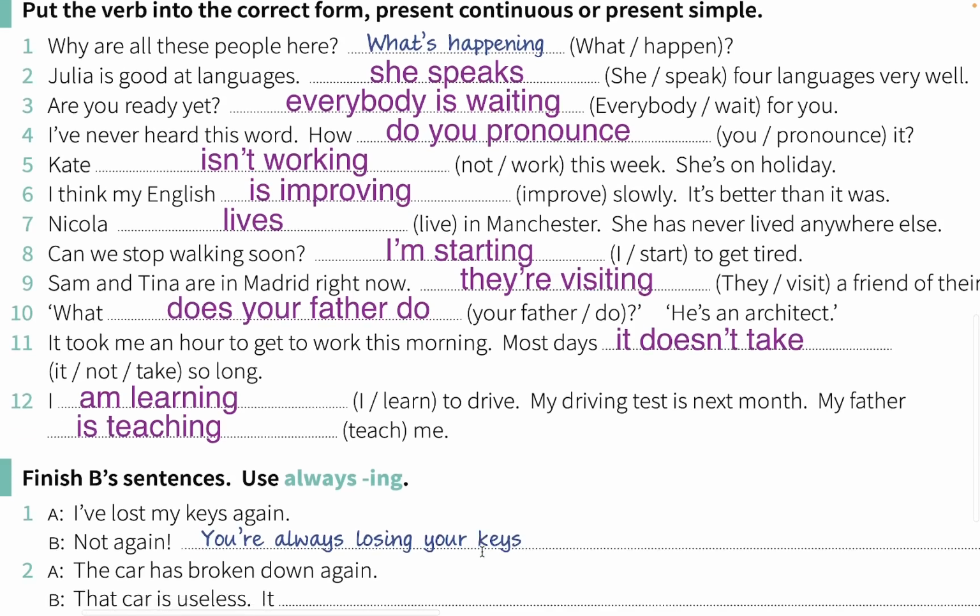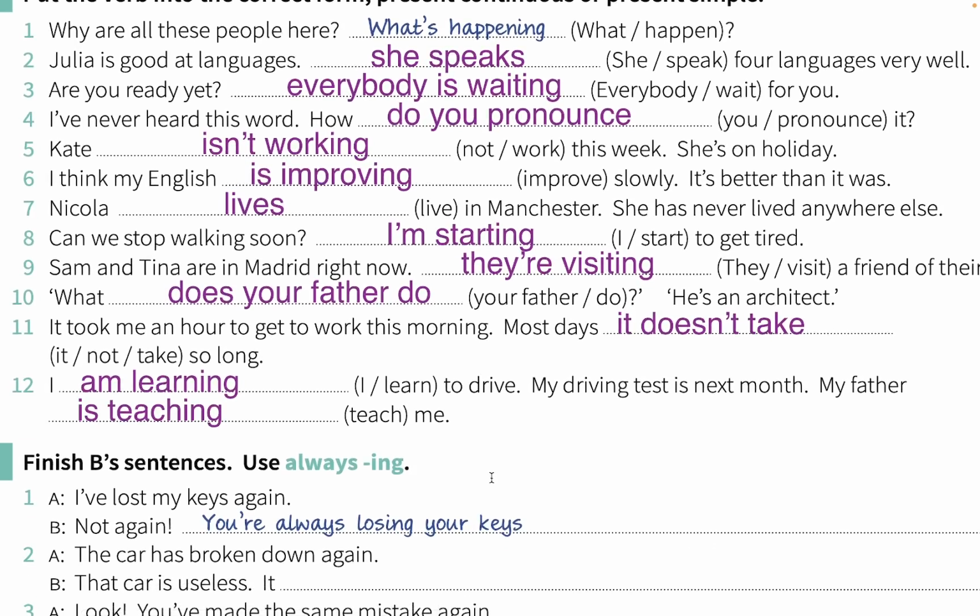Yeah, I want to ask. What does your father do? He's an architect. So that sentence, what's the synonym? Maksud aku tuh, sinonimnya seperti apa gitu kalimatnya? Apakah what is your father profession or other? Yes. So other than asking what does your father do, you can say what is his job.